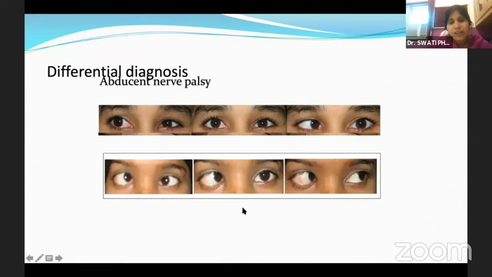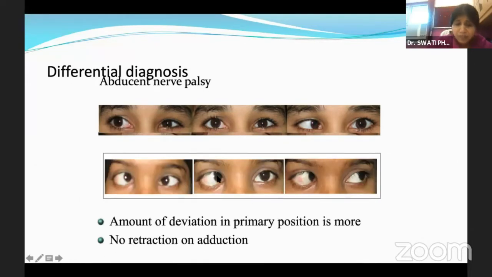The second important differentiator is the amount of deviation. The deviation in sixth nerve palsy is much more as compared to that in cases of Duane's retraction syndrome. Even though the limitation is, say, around -2, in this case the amount of deviation is not so much. It could be hardly around 15 degrees or even less.